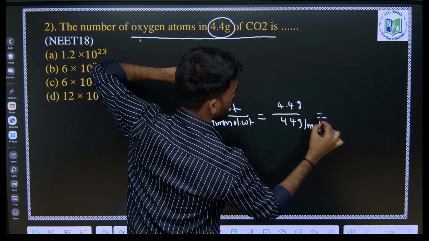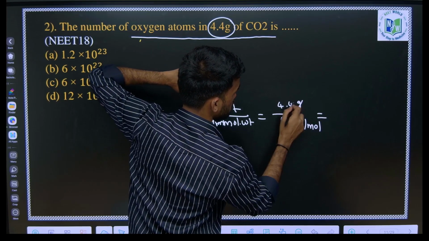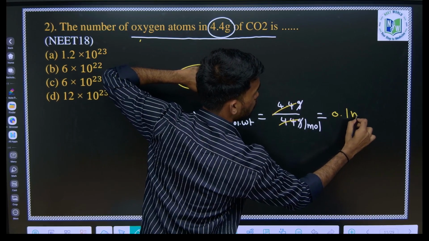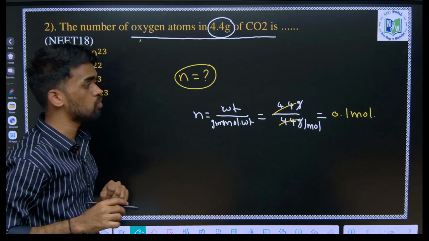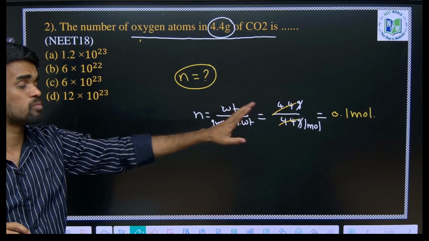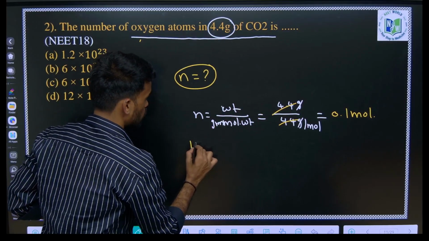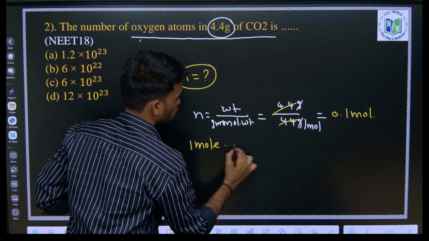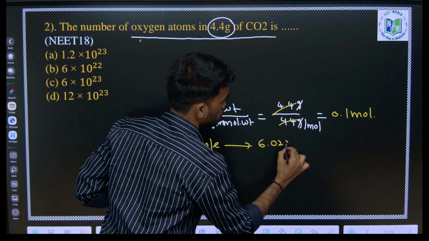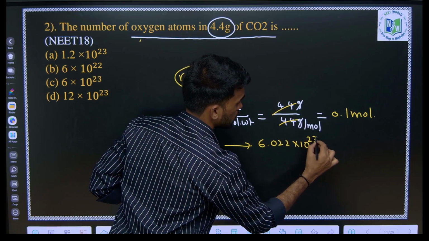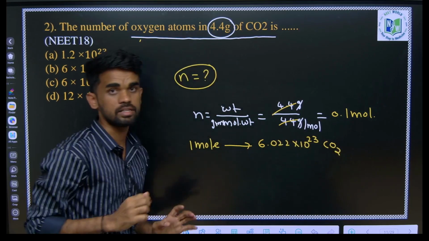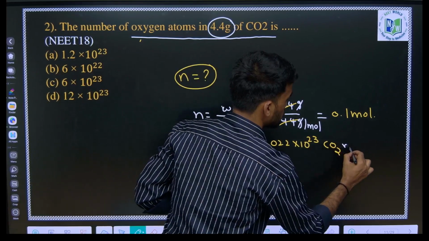So from these we have got 0.1 mole. How many moles of CO2 is there? 0.1 mole CO2 is there. So in 1 mole CO2, 6.022 into 10 power 23 CO2 molecules are there.